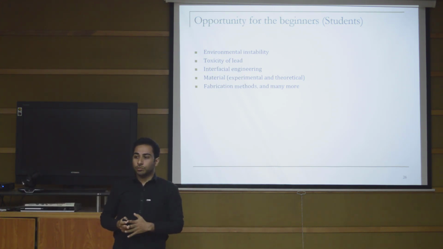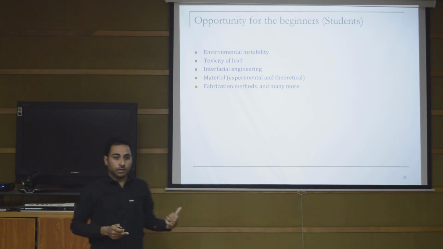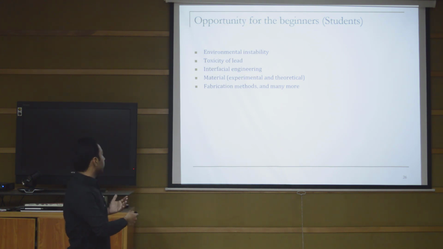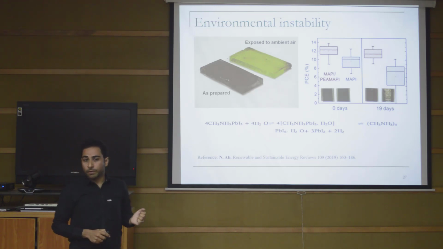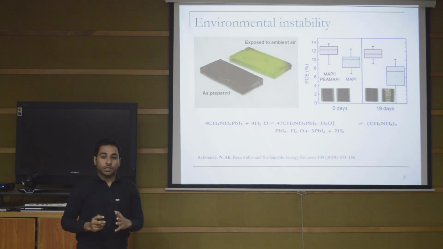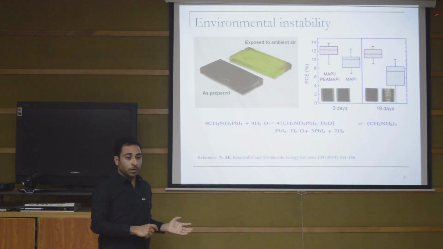If somebody wants to start their work in this, then you have to think about some techniques or other ways to increase the environmental stability of this material. Then the toxicity and interfacial engineering, also new materials and new fabrication methods. I'm going to explain them one by one, and also explain how you can start your work in the field of organometal-halide perovskite.